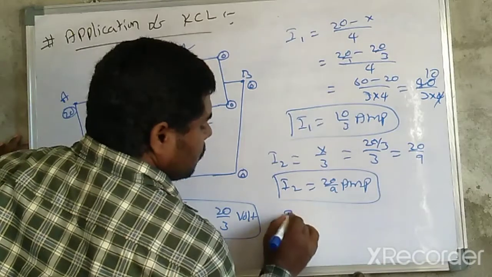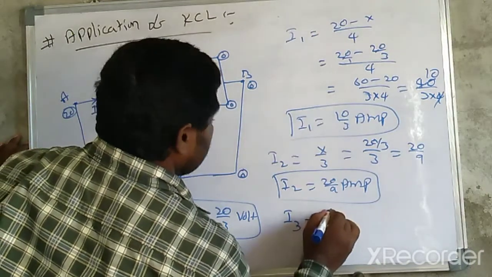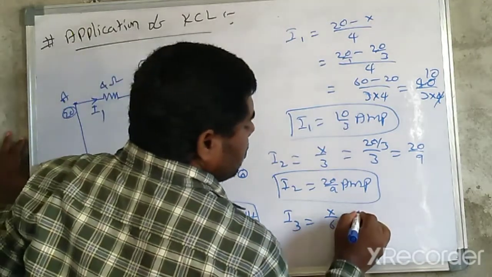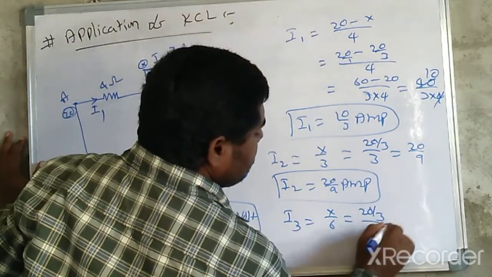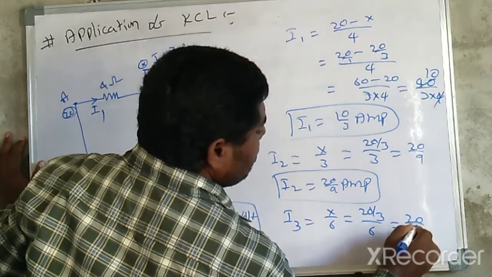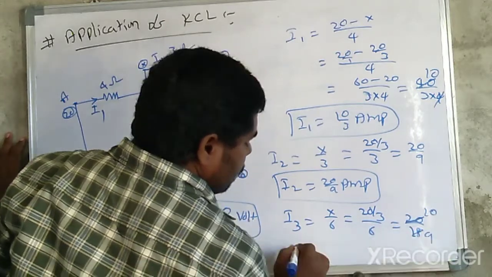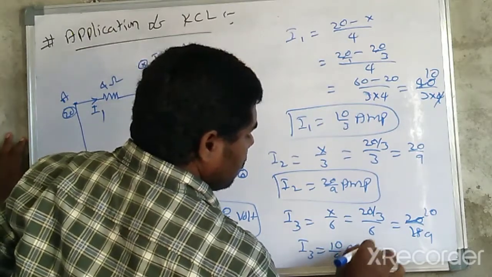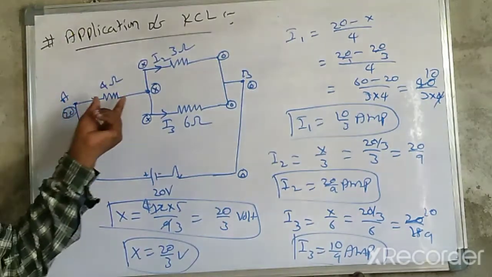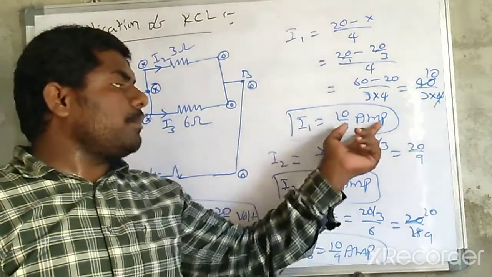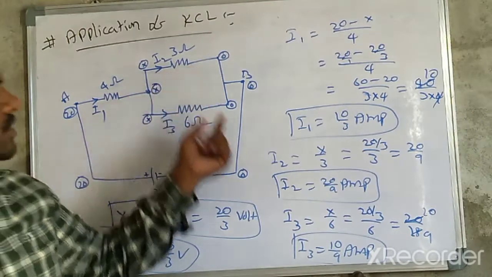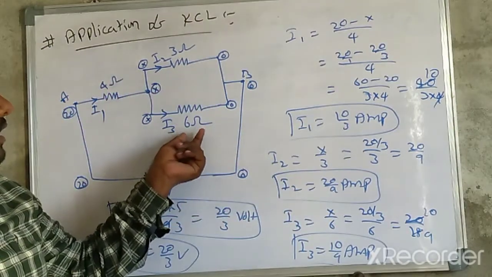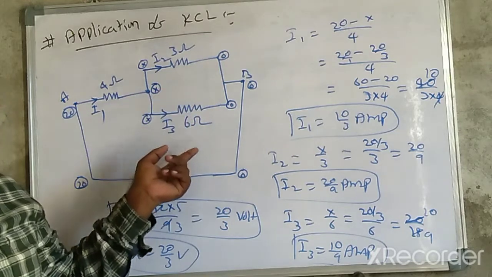So I3 is equal to X divided by 6, which is 20 by 3 divided by 6, equal to 20 by 18, so 10 by 9. So I3 is equal to 10 by 9 ampere. So the current passing through the 4 ohm resistor is 10 by 3 ampere, through the 3 ohm resistor 20 by 9 ampere, and through the 6 ohm resistor 10 by 9 ampere.